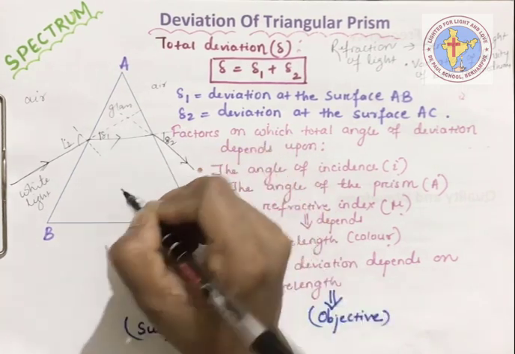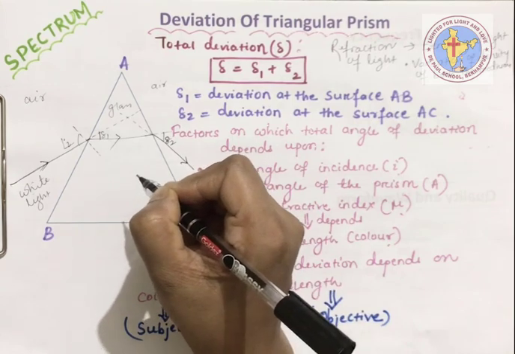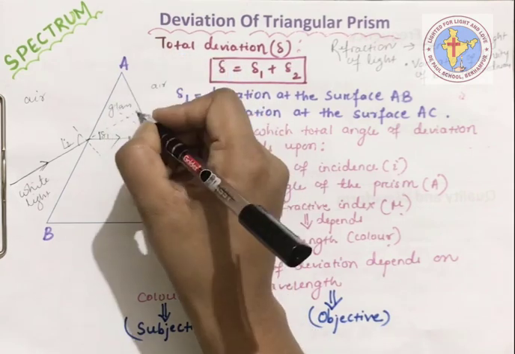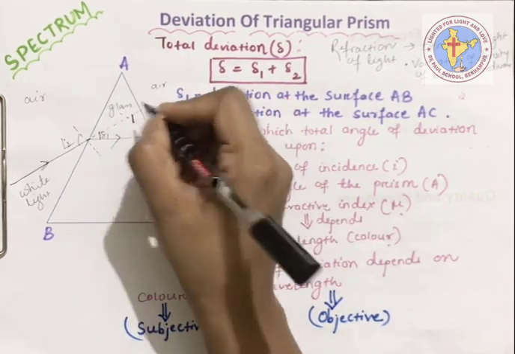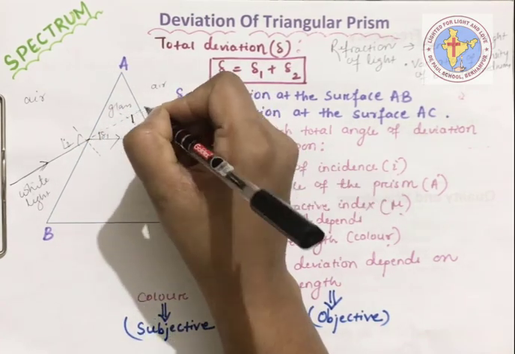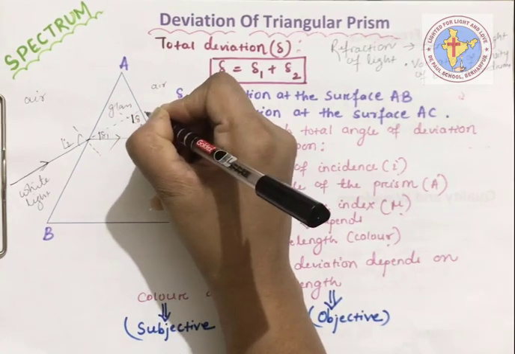Now tell me where we will get the total deviation. Total deviation we will get where the incident ray and emergent ray, when produced, meet. Here they are meeting. So this will be your total deviation.